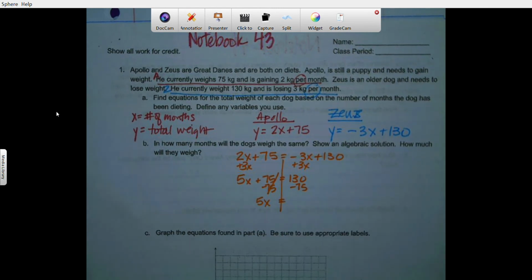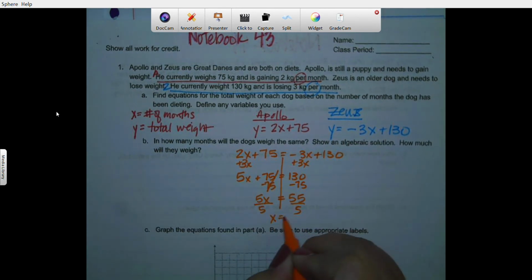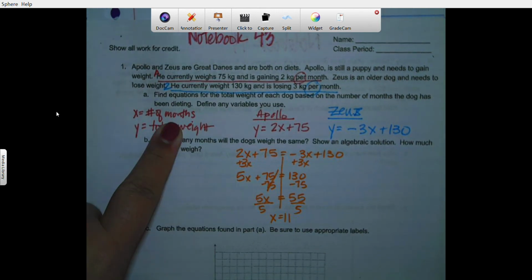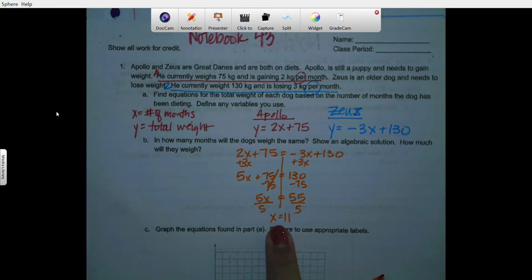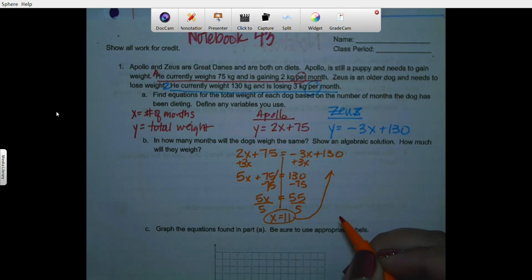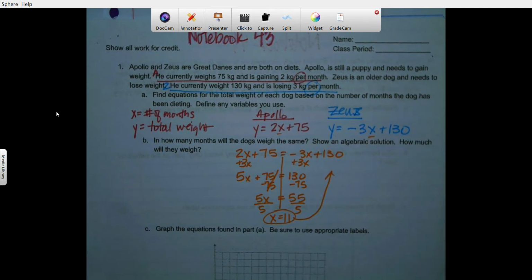And I'm going to just do it on the calculator or do longhand. 130 minus 75 gives me 55. And I divide by 5 and x is equal to 11. So that means in 11 months, both the dogs are going to weigh the exact same. And because I like to make this a point, I'm going to take this and plug it back in, either here or here, so that I can get the point of intersection.